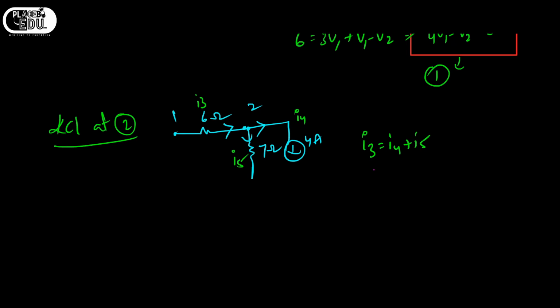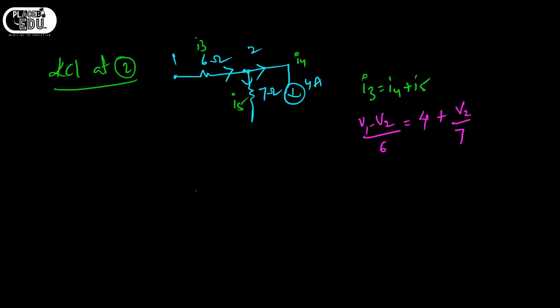I3 is nothing but (V1 minus V2) by 6, and I4 is 4 amps, plus I5 is V2 by 7. And again taking LCM, I am sending 6 that side. V1 minus V2 is equal to 6 into 4 plus 6 into V2 by 7. Understood?